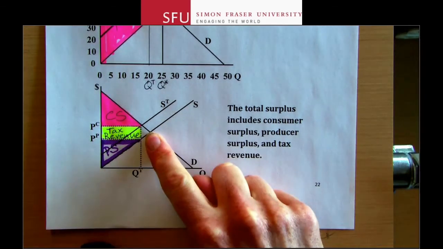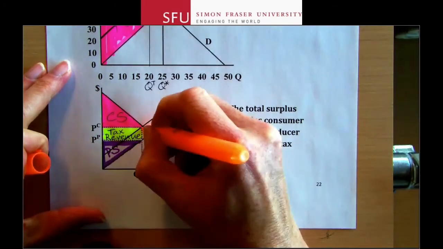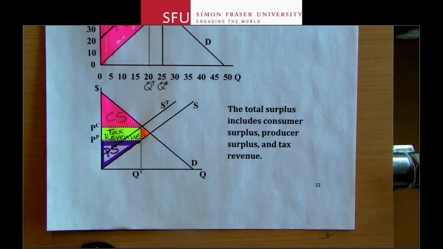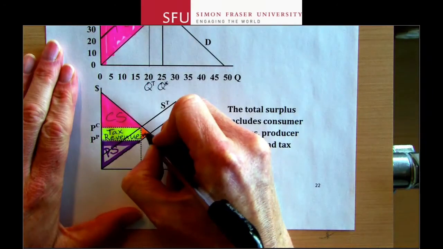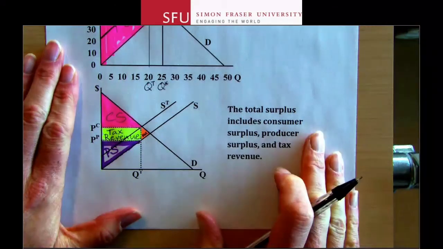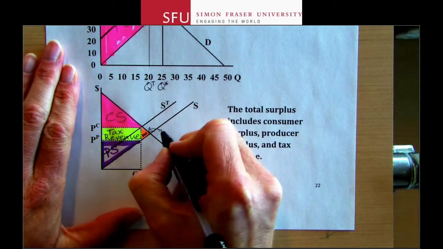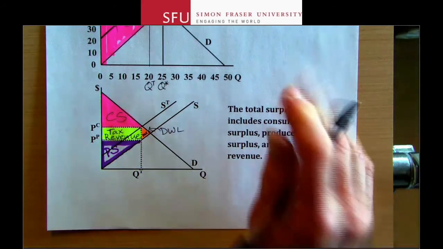And then our little triangle there, which will be the deadweight loss. Oh, that's hard to read. I'll label it as well like this, deadweight loss. Okay, so that would be the orange part.